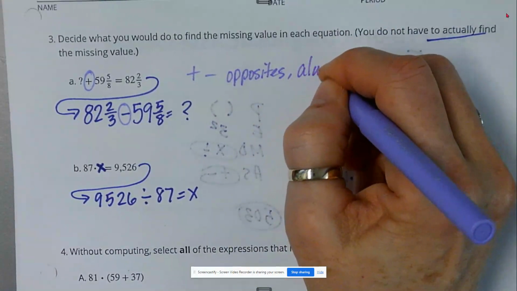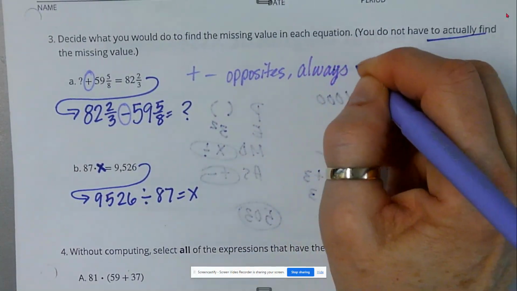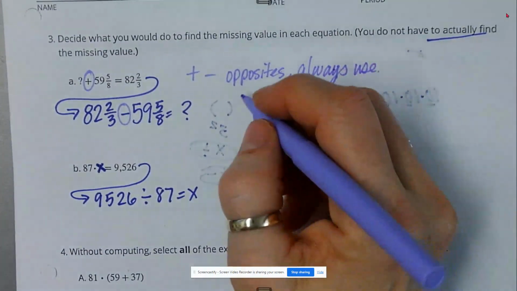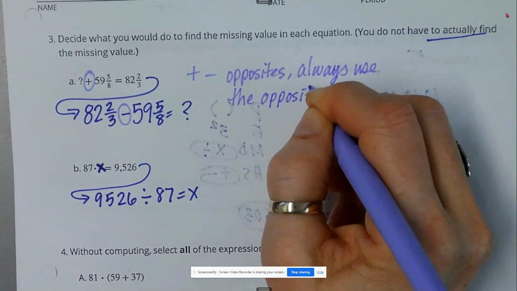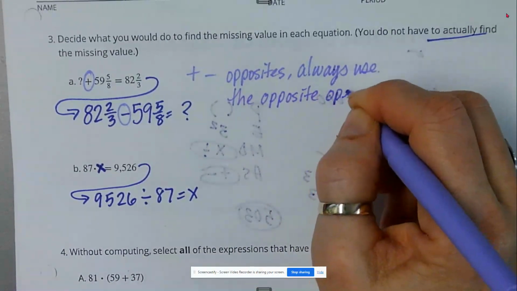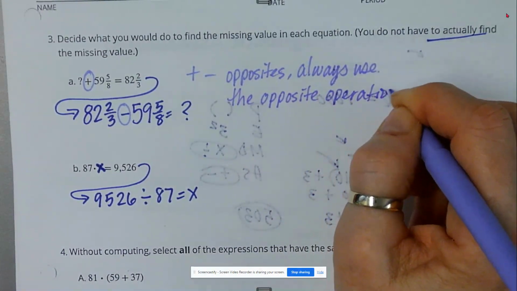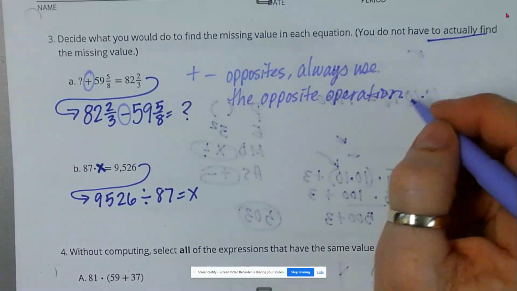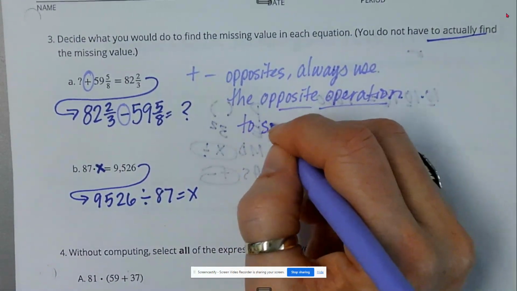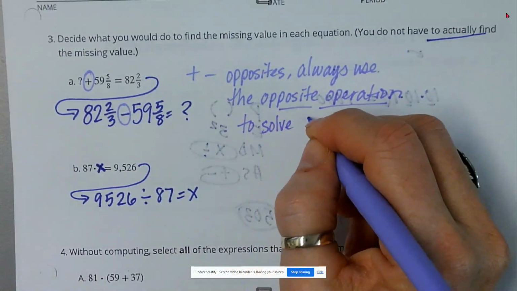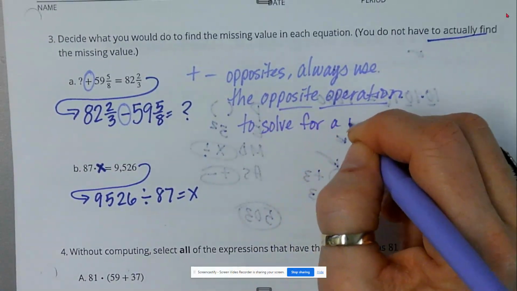And we always use the opposite operation. Operations are add, subtract, multiply, and divide. So we always use the opposite operations to solve for a missing number.